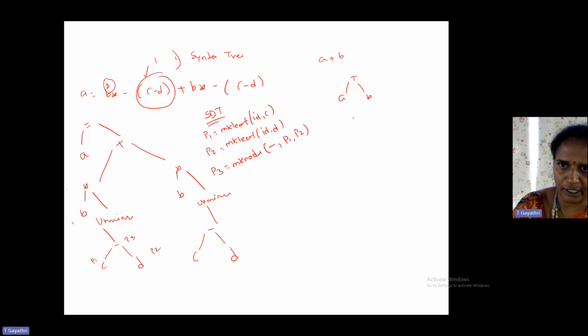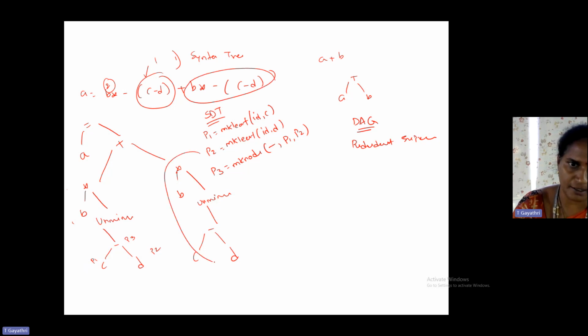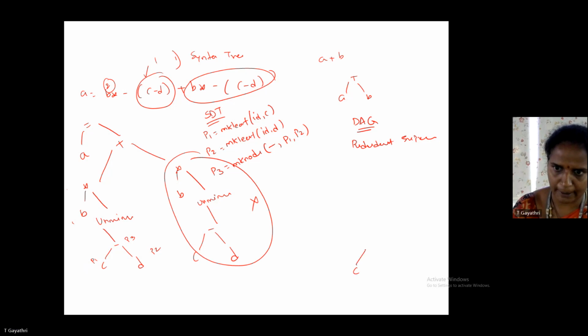Now we can discuss the DAG. What is the meaning of the DAG? It is used to remove the redundant expression, otherwise called common subexpression elimination. This part is the common part, so there is no need to represent it again in the DAG.